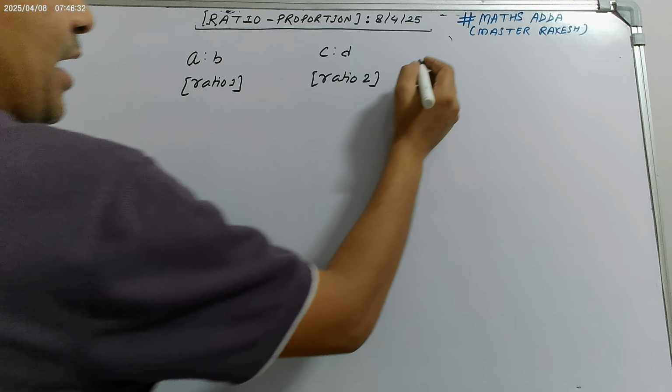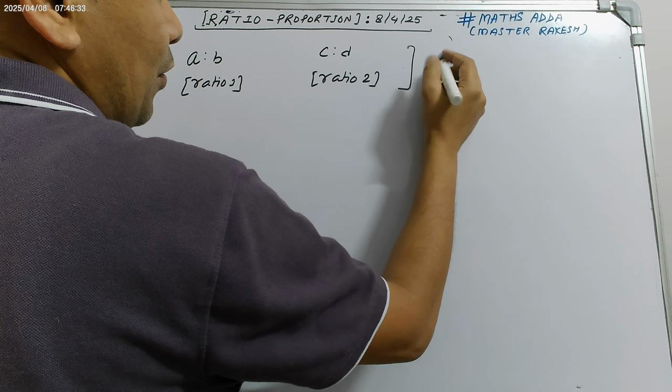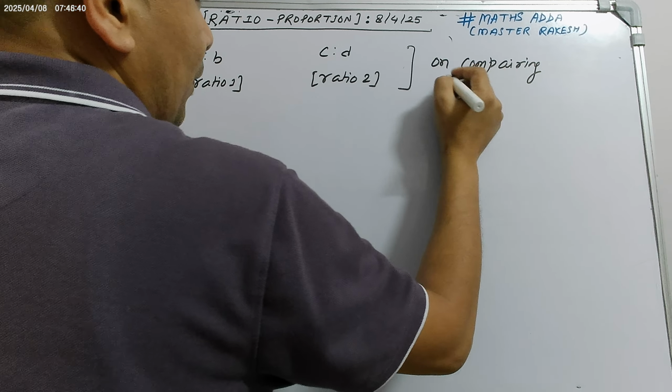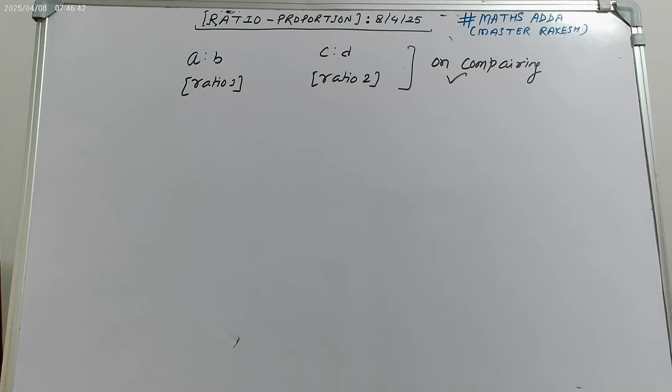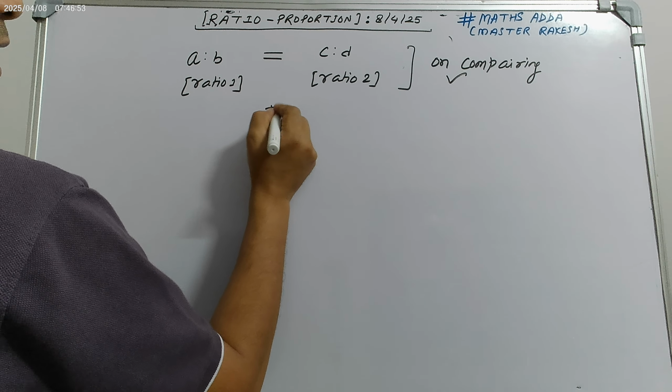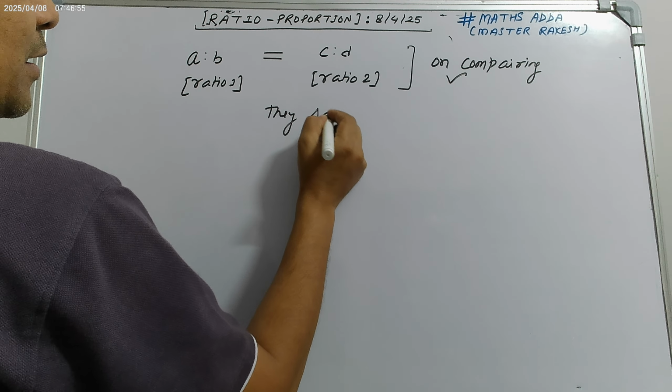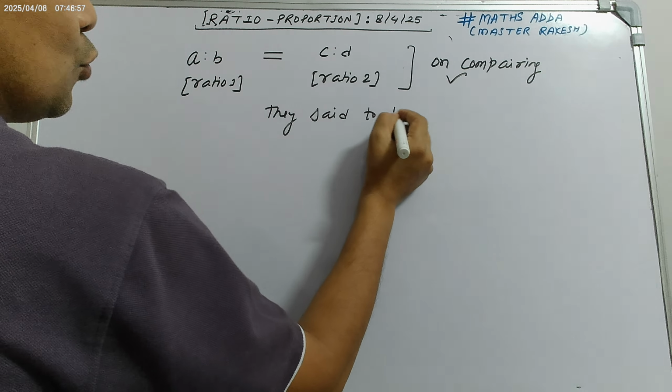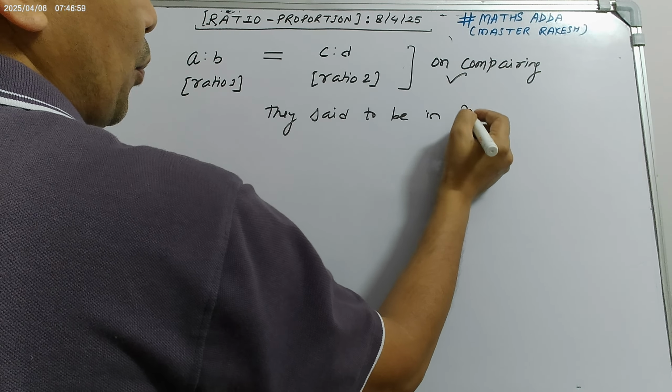Whenever you compare these two ratios and they are equal, they are said to be in proportion.